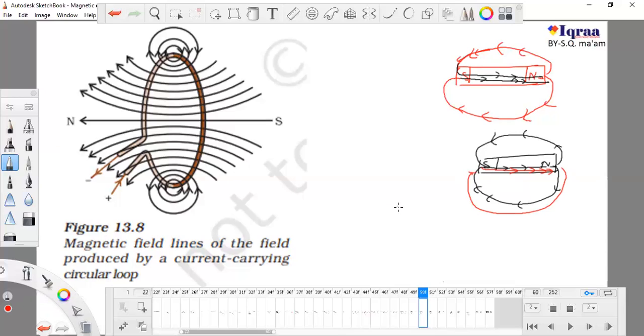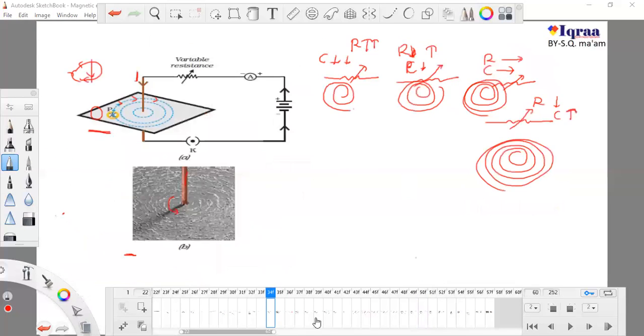Now look at this bar magnet. What does it show? It shows that magnetic field lines go from, sorry, north to south. How do they go north to south? It was our structure, we studied this.